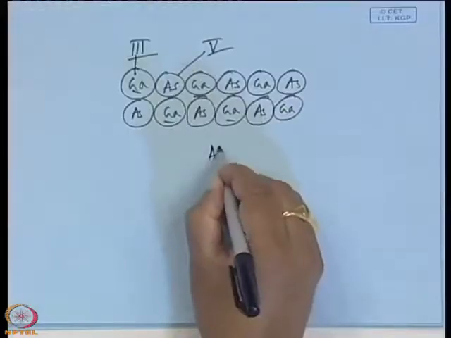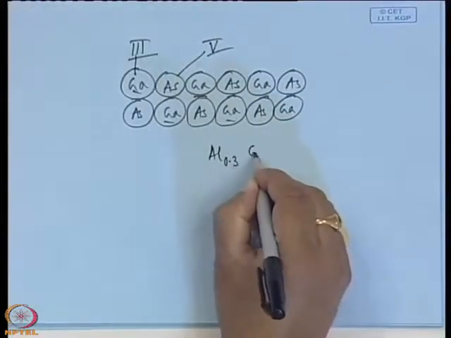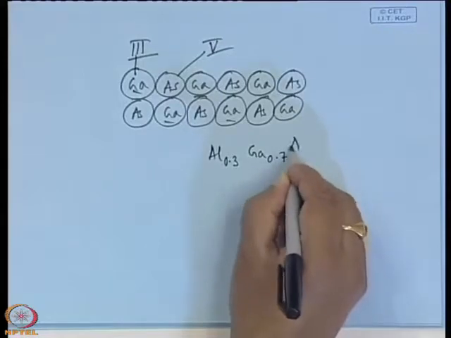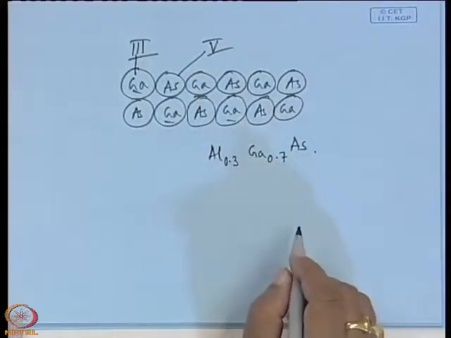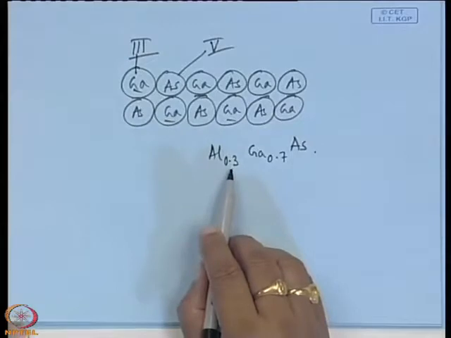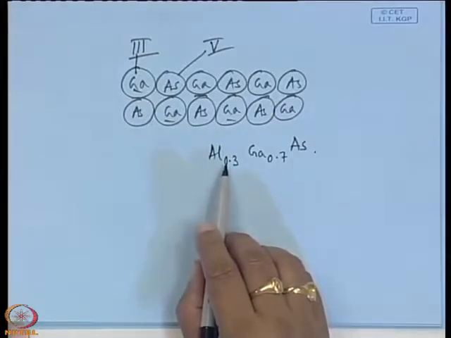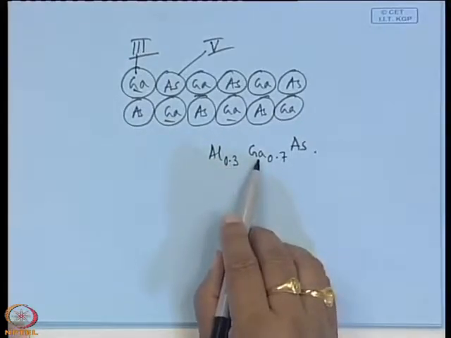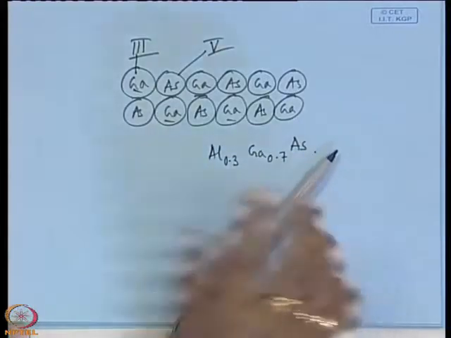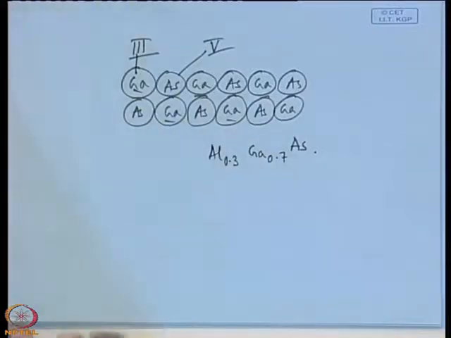Okay. Let us take one example. Aluminium 0.3, gallium 0.7 and arsenic. That means 30% of aluminium atoms and 70% of gallium atoms, then only there will be 100% of group 3 sublattice. Out of 100% group 3 sublattice, aluminium will occupy 30% positions and the remaining 70% positions will be occupied by gallium.